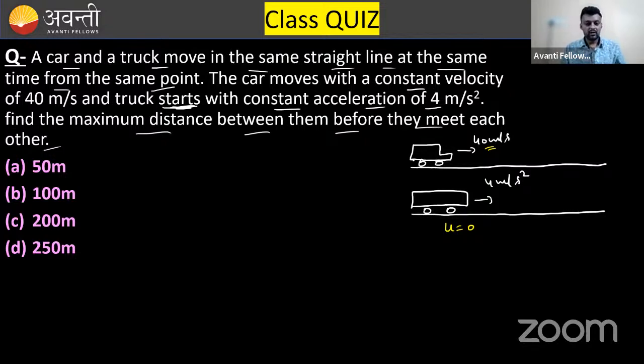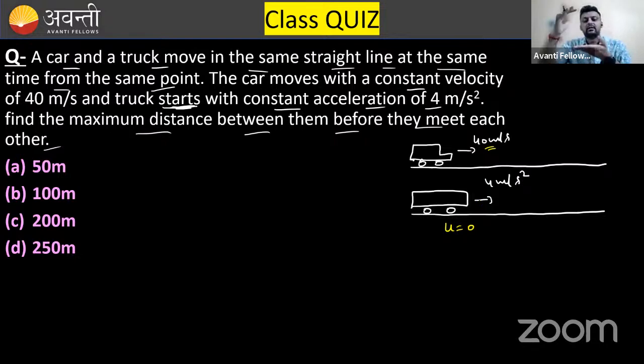Can you see that the separation between them will keep on increasing? Because the car is moving with faster speed, and the truck is moving with slower speed because it has just started.